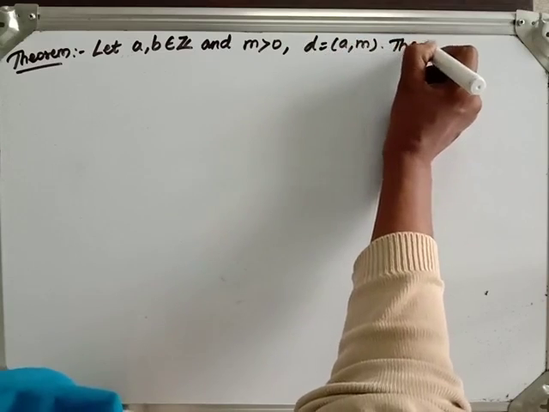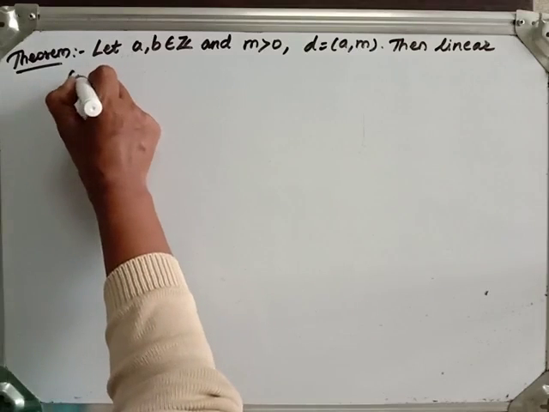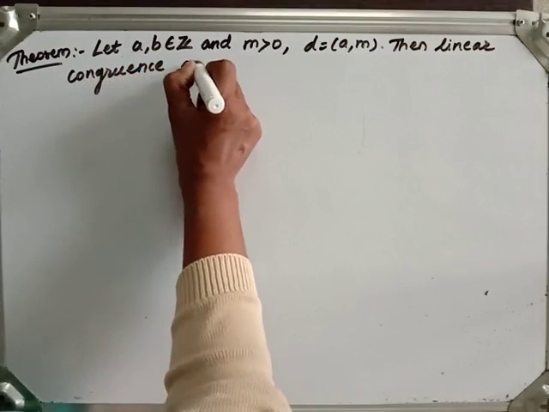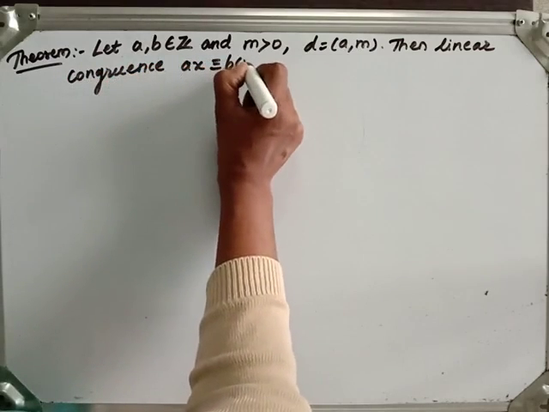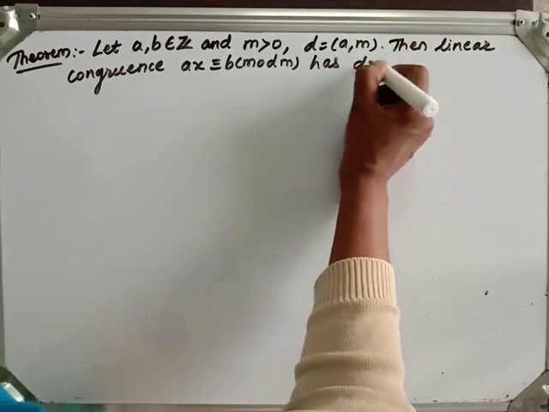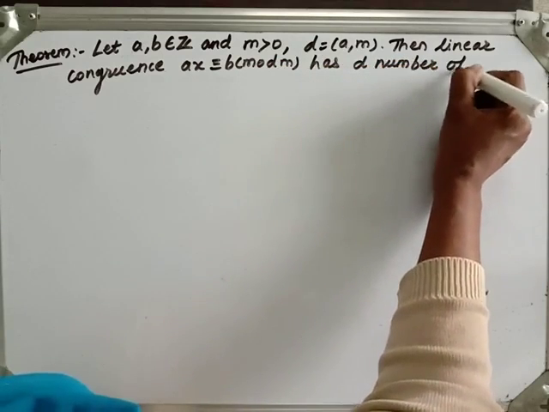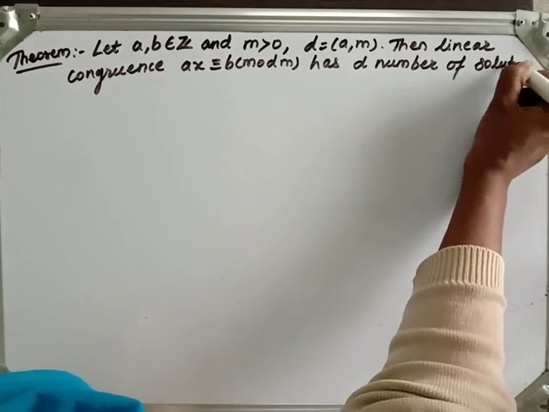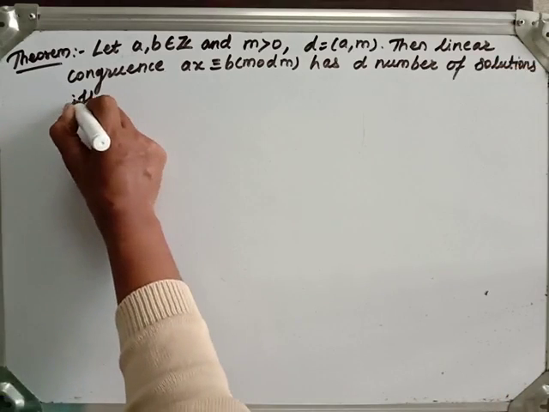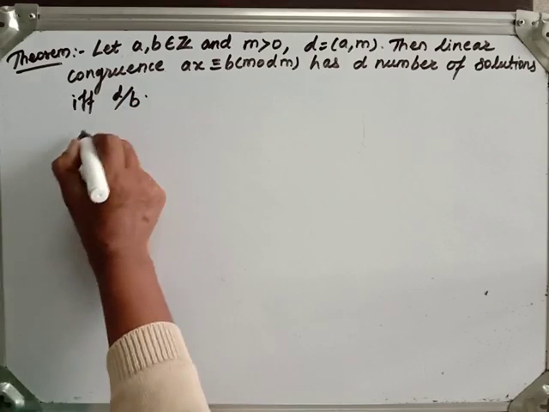Then the linear congruence ax congruent to b modulo m has d number of solutions if and only if d divides b.